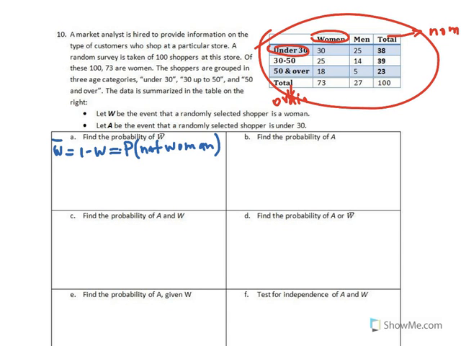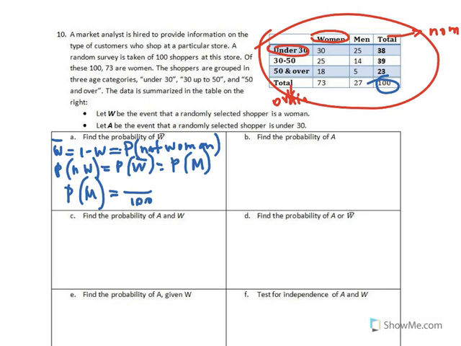So the probability of not woman, which is the probability of W bar, will be the probability of men. So what is the probability of men now? It will be out of 100, which is the sample space. How many men do we have? 27. So that will be the probability of not woman.